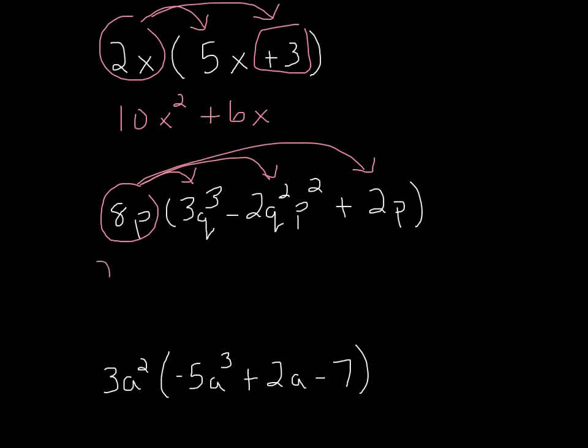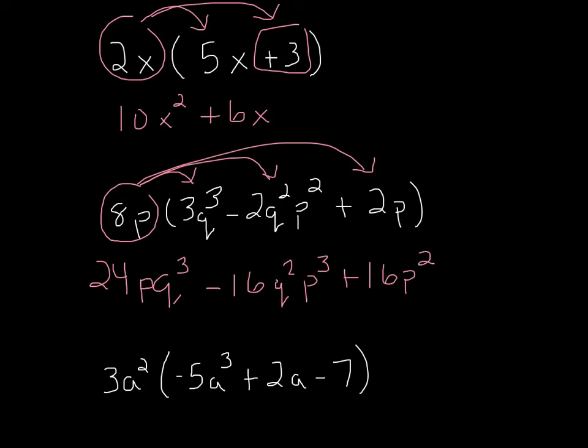So 8 times 3 is 24, p and then q to the third, minus 8p times 2 is 16, and the q squared stays. Got them all in weird orders, huh? P and p to the second is p to the third. And then 8p times 2p will give you plus 16p squared.